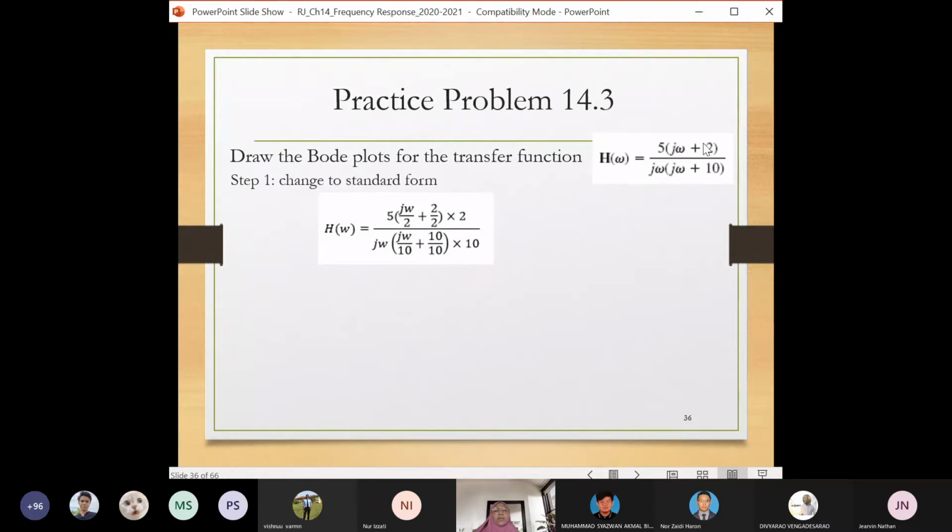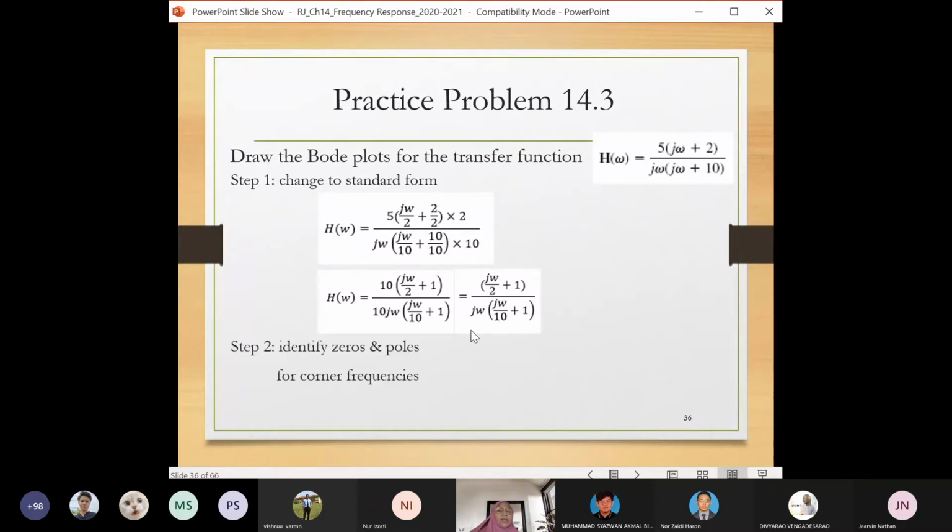You want to make it 1 plus j omega over 2, so you multiply by 2 at the bottom, and then you will produce an overall j omega over 2 plus 1, j omega over 10 plus 1. So the zero will be at 2, and the poles will be at the origin and 10.